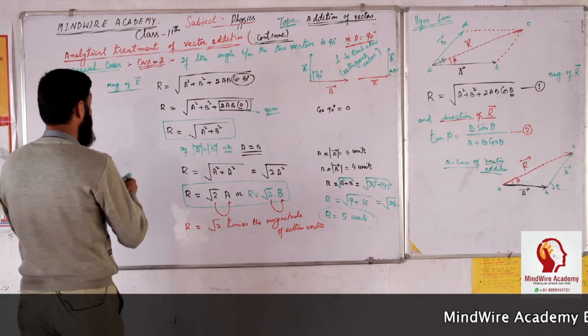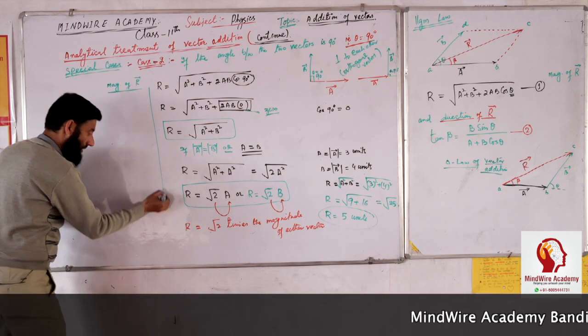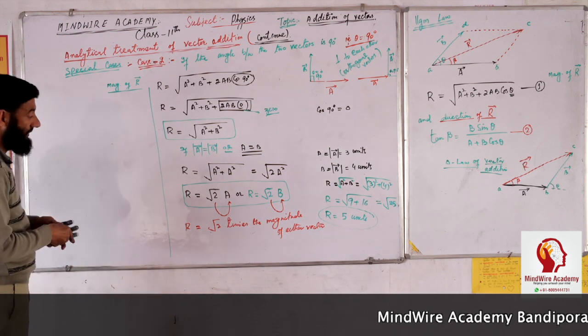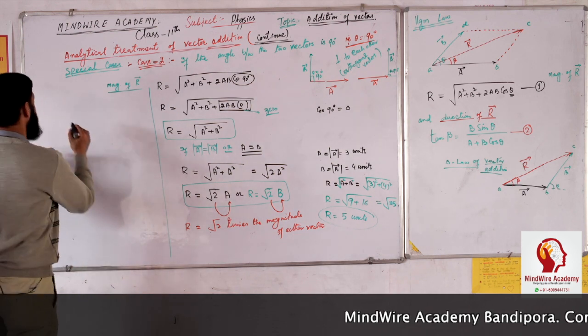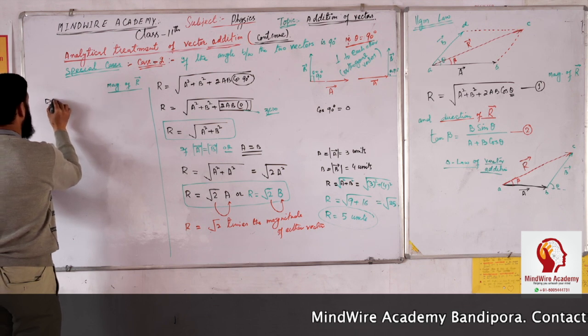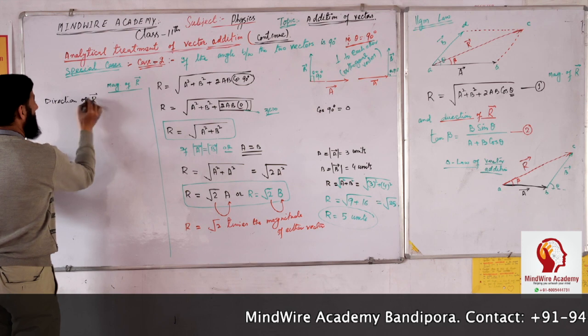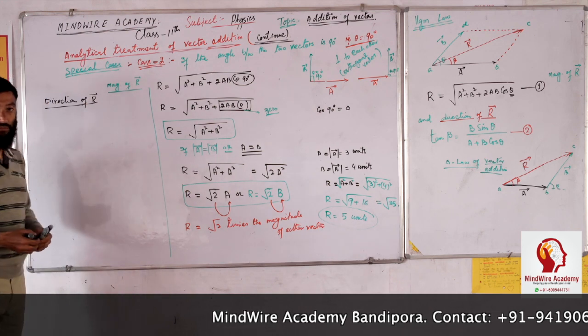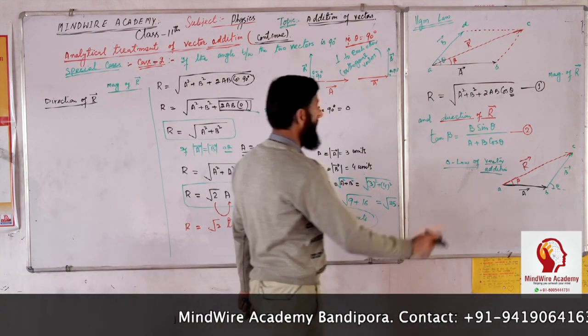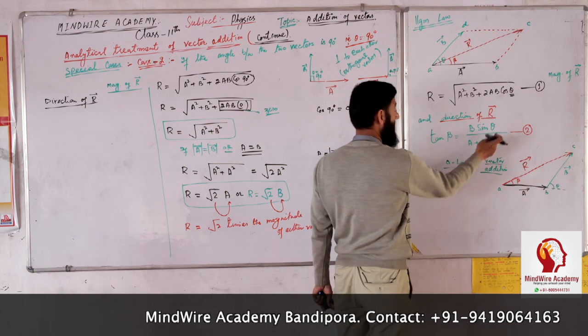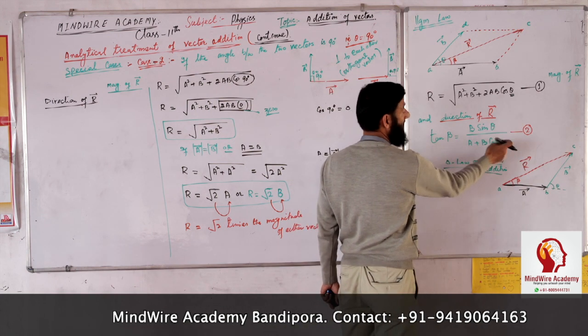Now for direction. Simple procedure, we will go for the direction of resultant vector R. For direction we have the formula tan beta equal to b sin theta divided by a plus b cos theta.